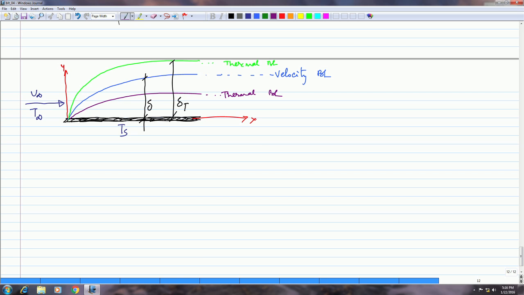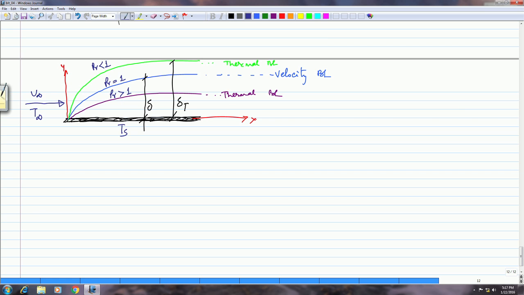The difference is that for the velocity boundary layer, the Prandtl number is equal to 1. We did this in the previous module: here it is greater than 1, and this is the Prandtl number less than 1.